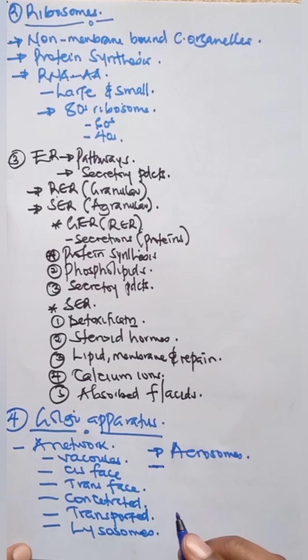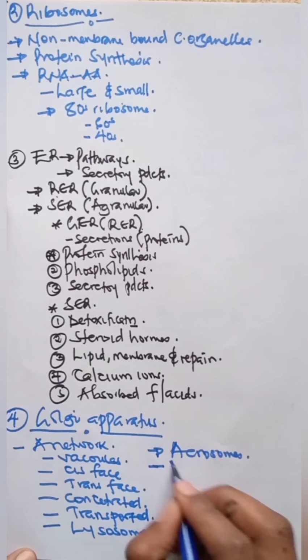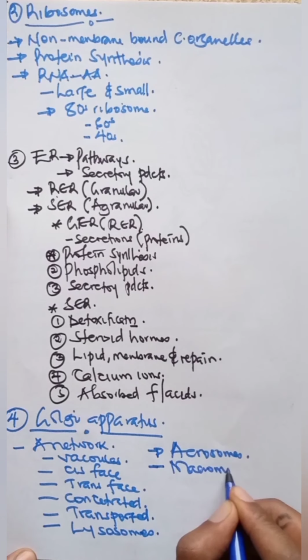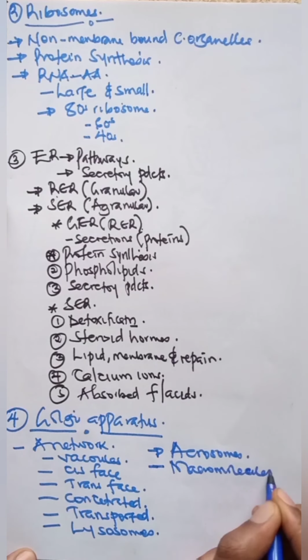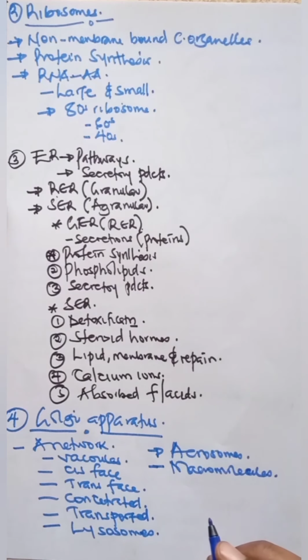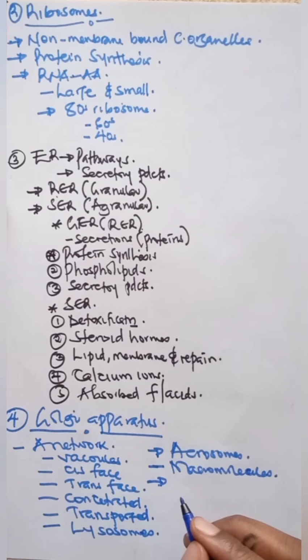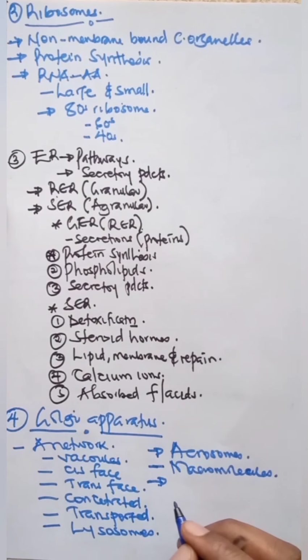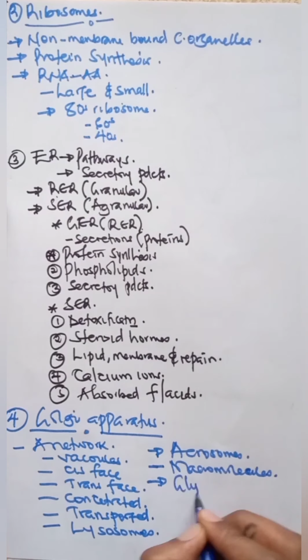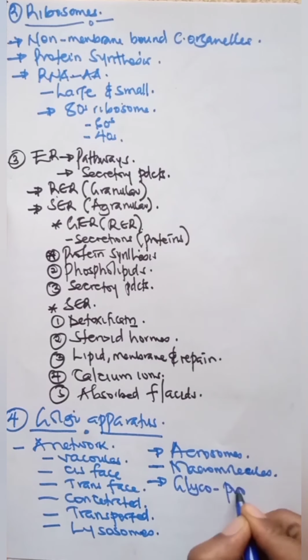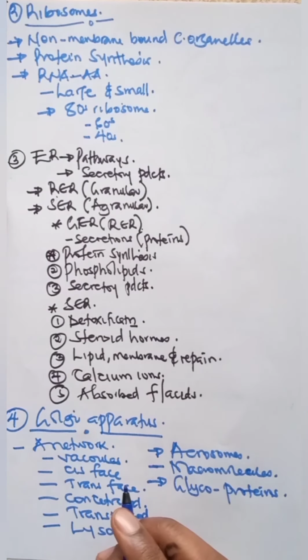Also, the Golgi apparatus acts as an assembly of large macromolecules such as the phospholipids. Then we must appreciate that the Golgi apparatus is a site for synthesis of glycoproteins. So that is the Golgi apparatus.